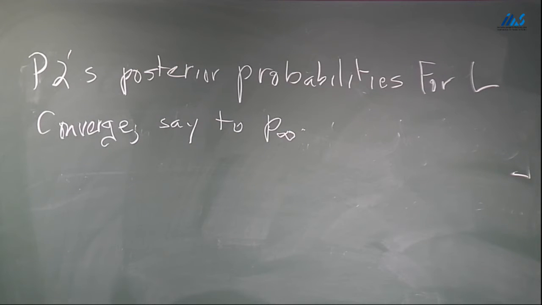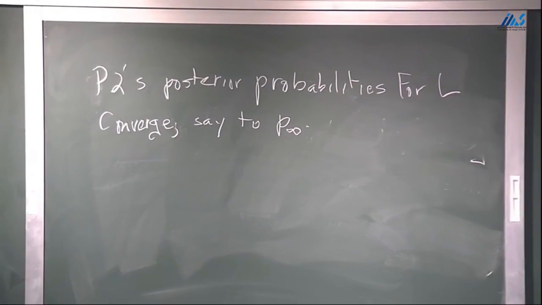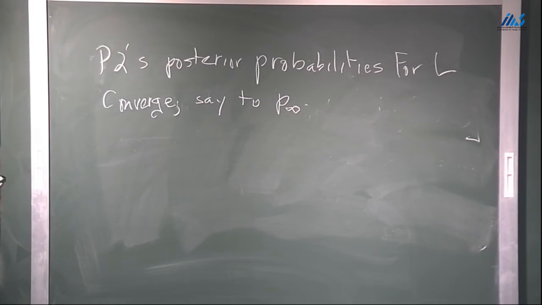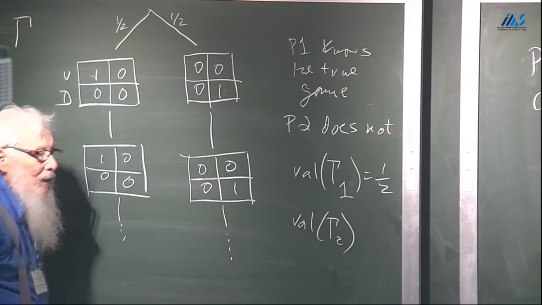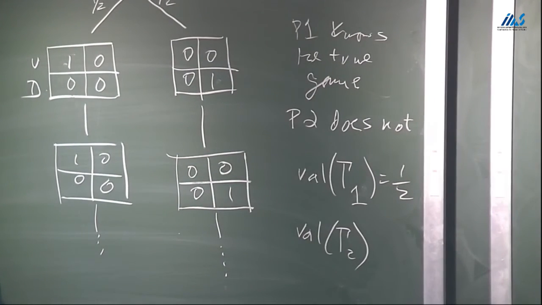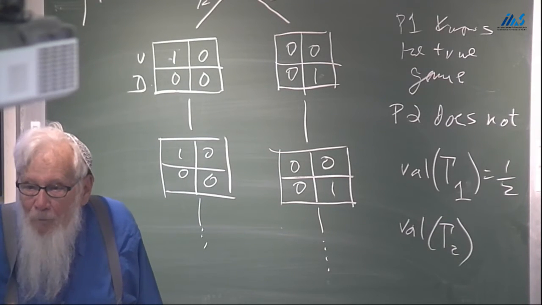Now, when you get convergence to a fixed number, that means that player one, in the later stages of this convergence, cannot play very differently in the left game and the right game. Once way down here, when we're close to P infinity, you can't play very differently in the left game and the right game, because if he played differently, then you would get a radical change in P infinity.